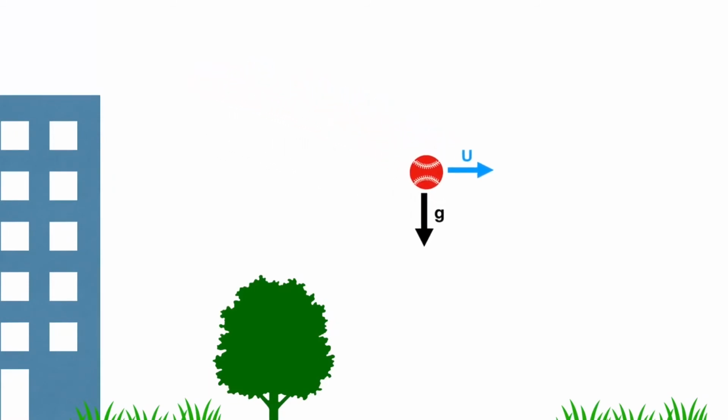So effectively, the ball continues to move with constant velocity in the horizontal direction and continues to accelerate in the vertical direction because of the force of gravity. So this motion again doesn't have any force or acceleration other than the gravitational force or acceleration due to gravity, and is termed as free fall. So till now, you would have understood what type of motion can be considered as a free fall.